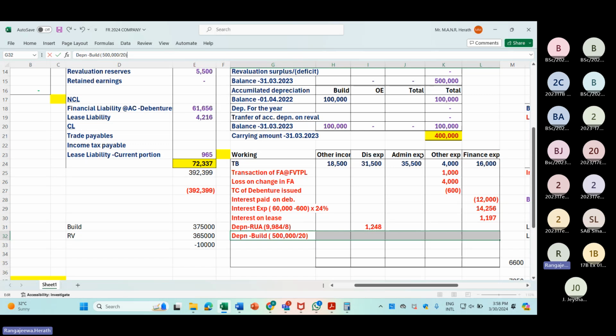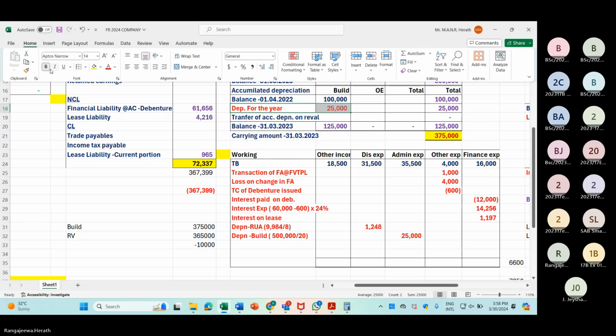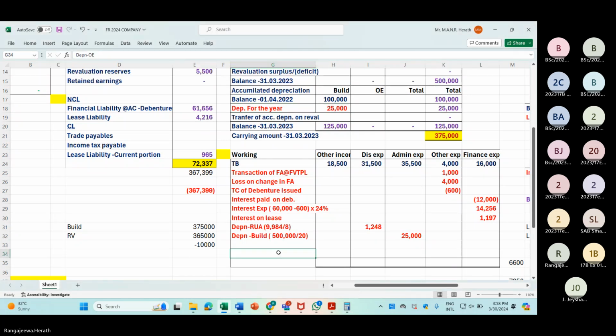So 25,000. This year depreciation 25,000. Can take this into the depreciation for building 25,000. Current year depreciation for the year 25,000.